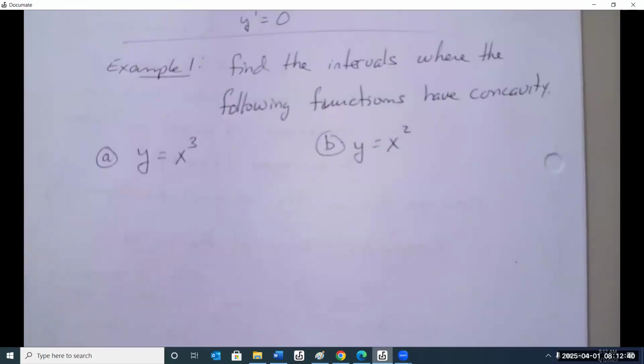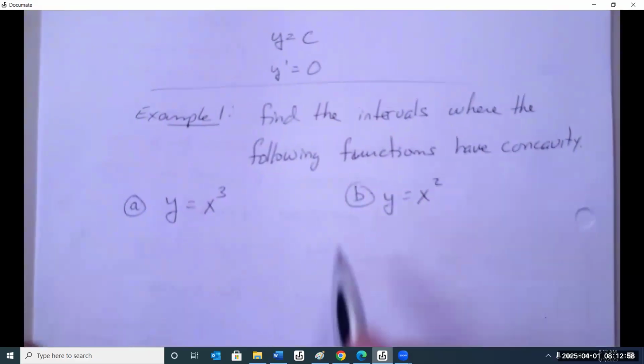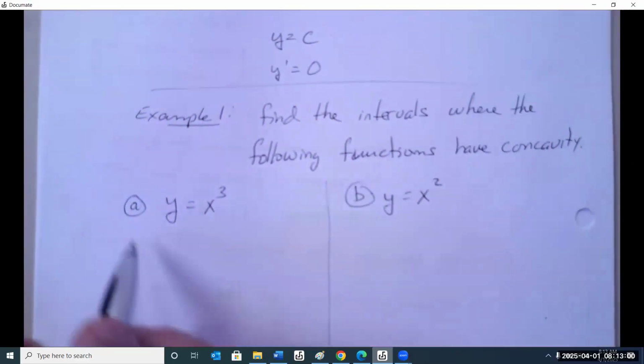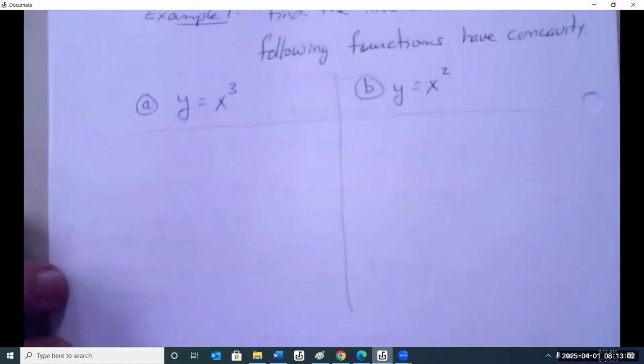In other words, tell me where it's concave up and concave down. So what test do we use for concavity? The second derivative. So for both of these, we have to take the second derivative.